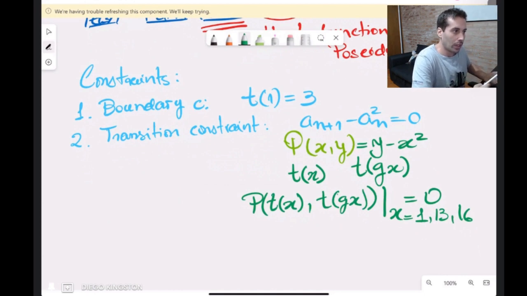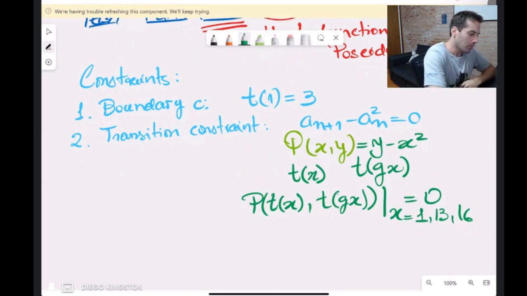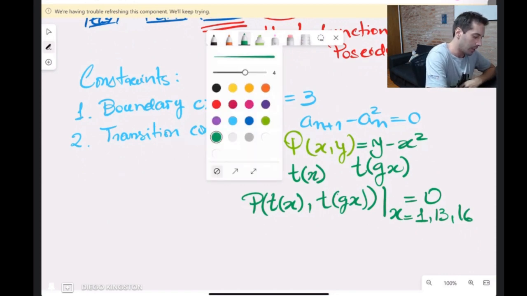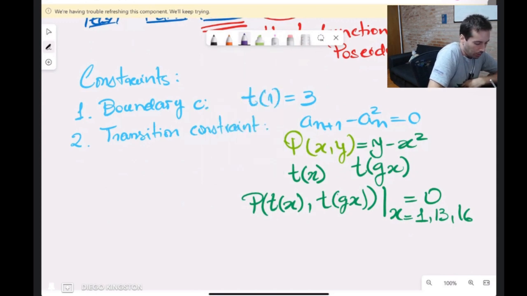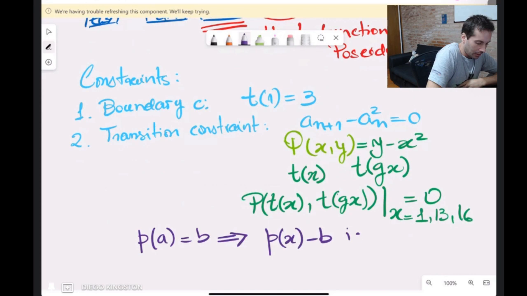So how can we show that the constraints are in fact enforced? This will depend on the property of polynomials, which says that if our polynomial p evaluated at some point a equals b, then this means that when we take our polynomial and subtract b, it is divisible by x minus a.